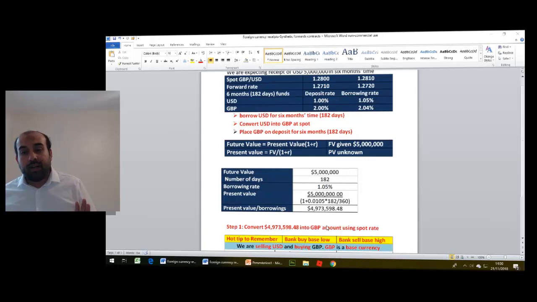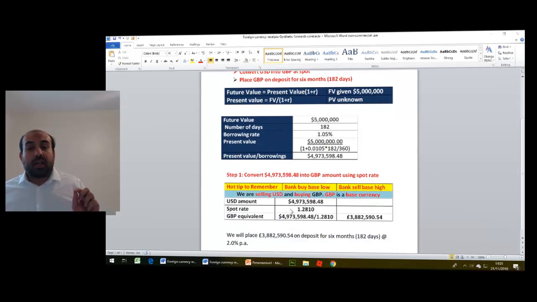Now the second thing we are going to do, we will convert 4,973,598.48 into sterling using the spot rate. We have borrowed US dollar. We are now selling US dollar. We are buying sterling. GBP is a base currency. Bank sells base high. That is why the spot rate we are going to use is 1.2810.